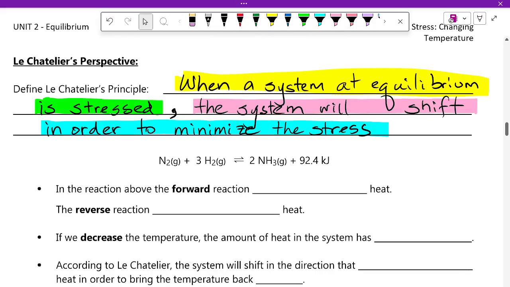So from Le Chatelier's perspective, if we look at our forward reaction, does it absorb heat or does it release heat? The forward reaction releases heat, and the reverse reaction absorbs heat.